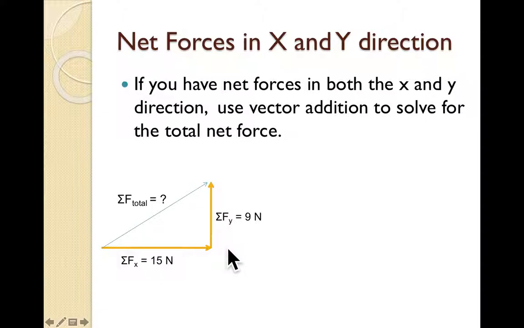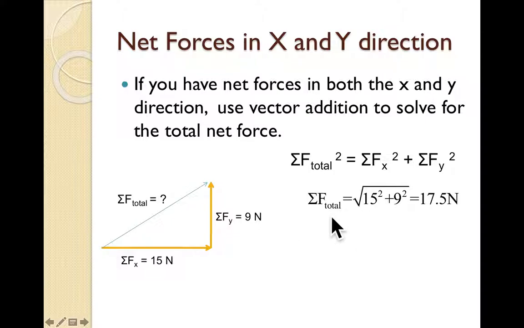So we're simply going to do a squared plus b squared equals c squared. That's all this is. So when we do that math, in this case, we find that the magnitude of this vector is 17.5 newtons.